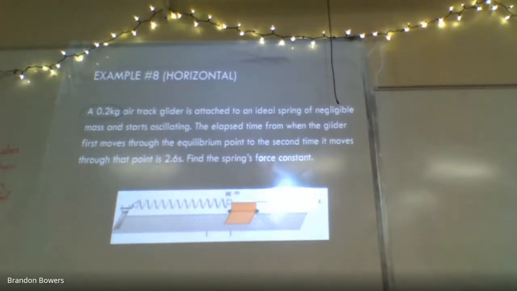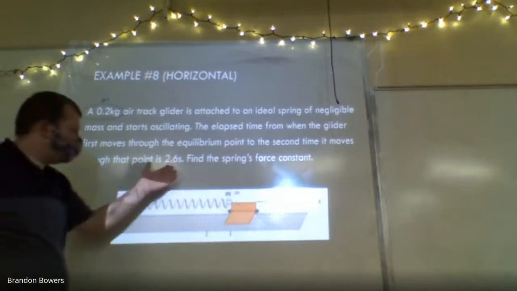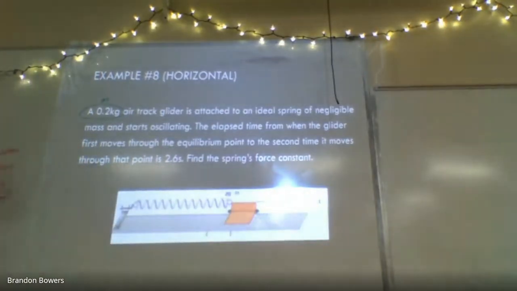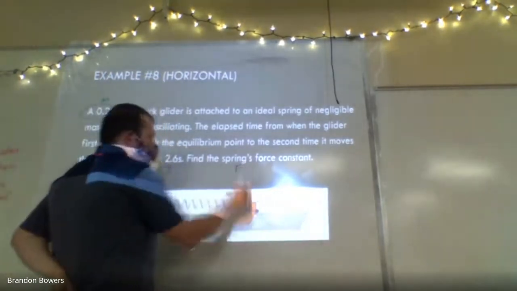Alright, so looking at these factors, I have 0.2 kilograms. That's a mass. I have a time, so I have a period. What equation do you think I'm going to use to solve for K?